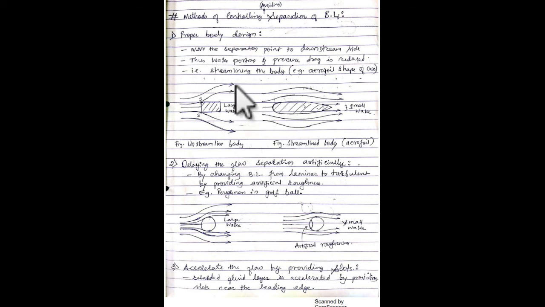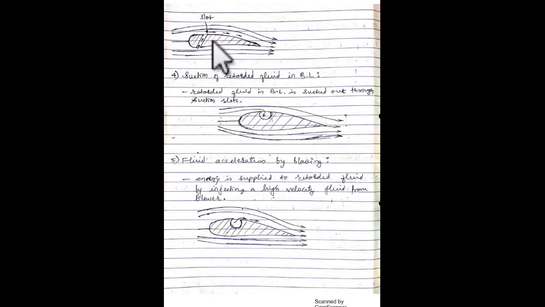Next is delaying the flow separation artificially. Flow over the golf ball is one of the examples. Then accelerate the flow by providing slots, like this, by providing the slot.